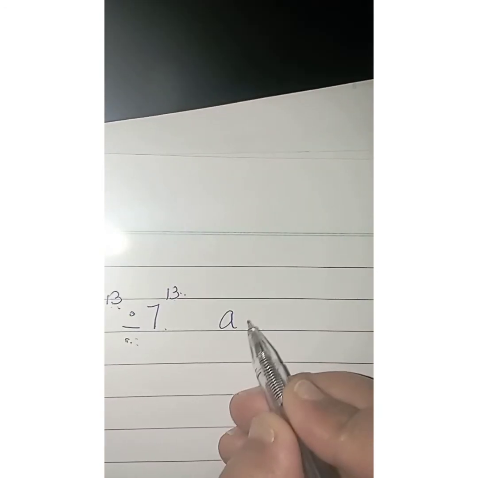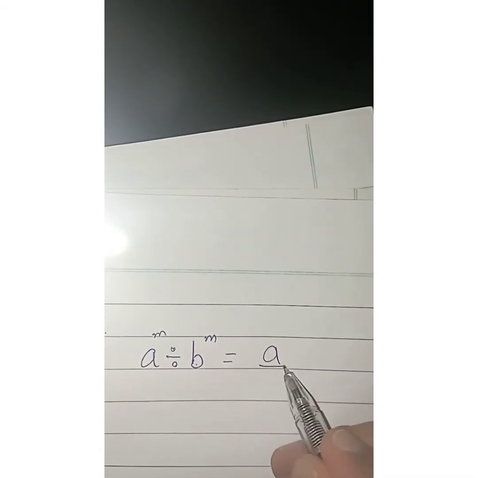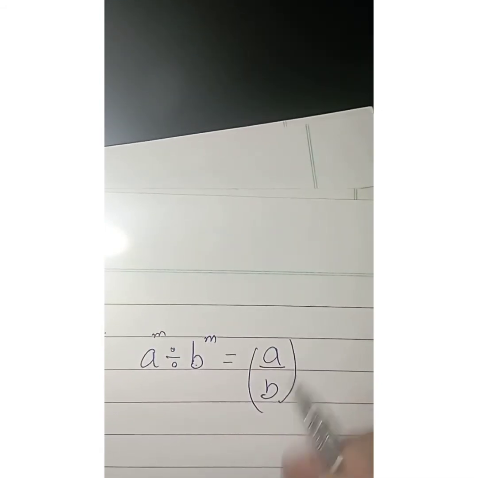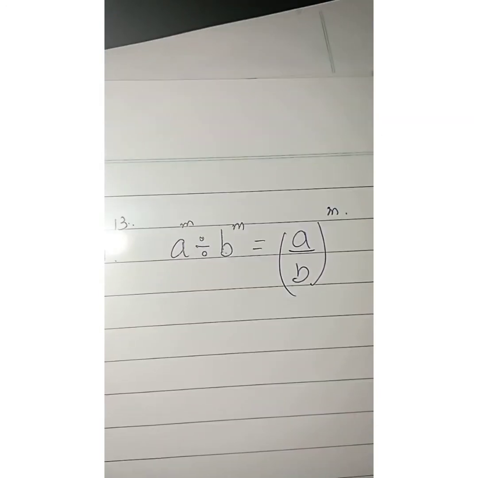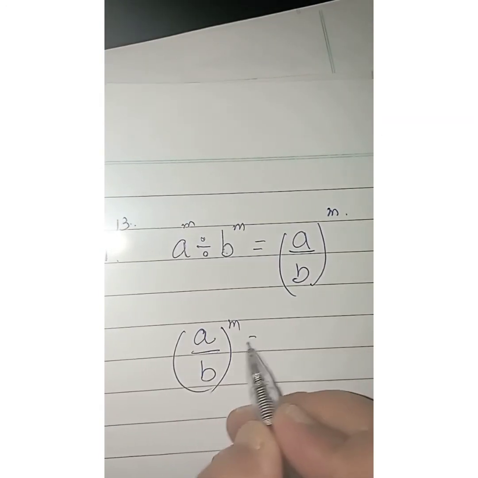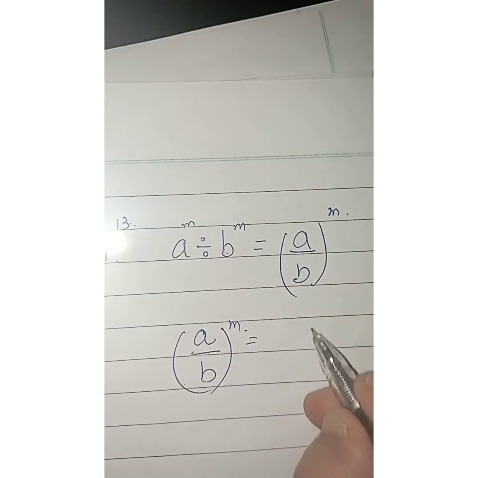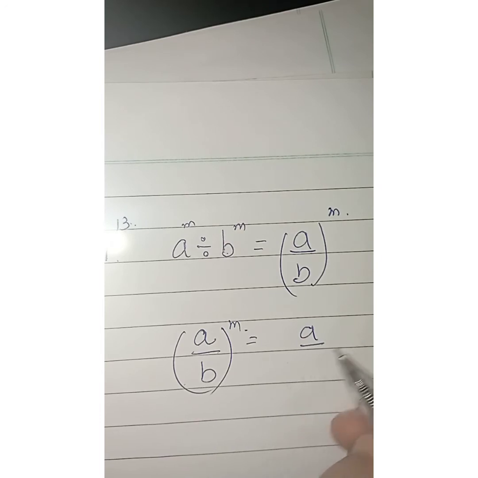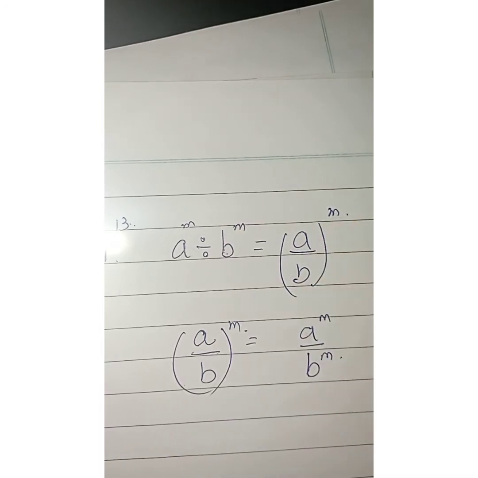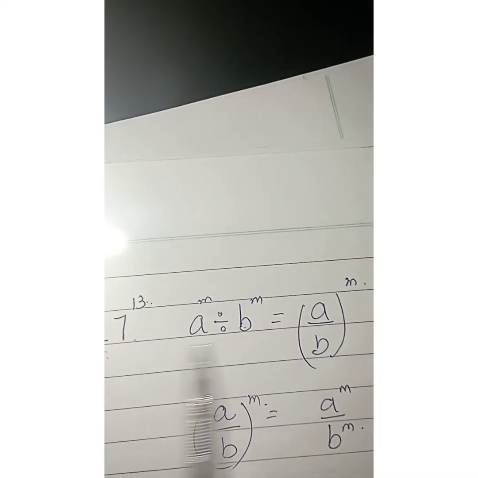If we have two different numbers and they are divided with the same power, we apply it exactly as (a/b)^m. Similarly, if we are dividing a^m by b^m with the same power, we can apply the power to both. So these two rules can be used alternatively. In this case, we will be using this rule.